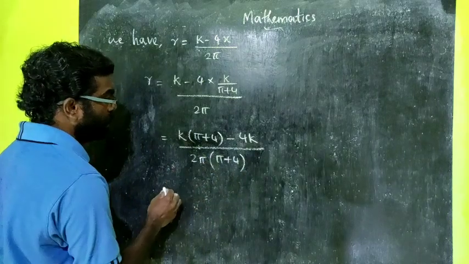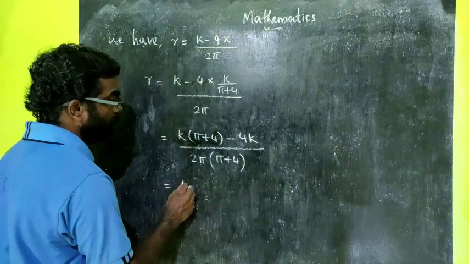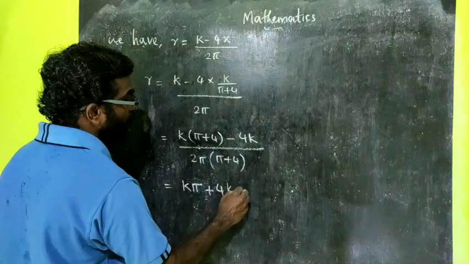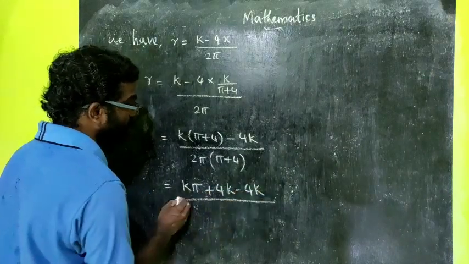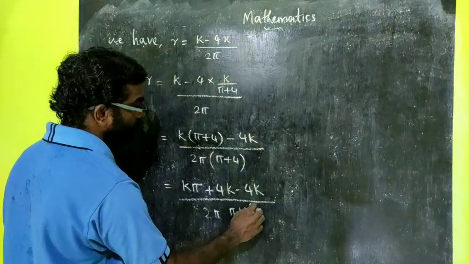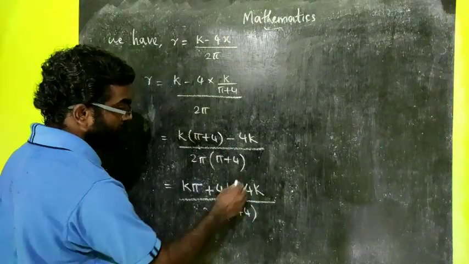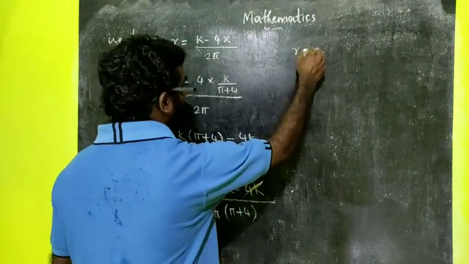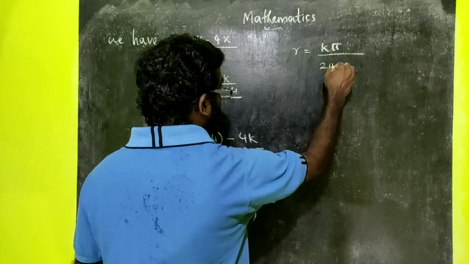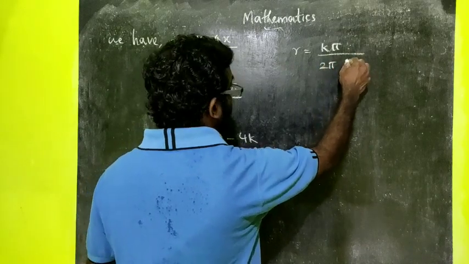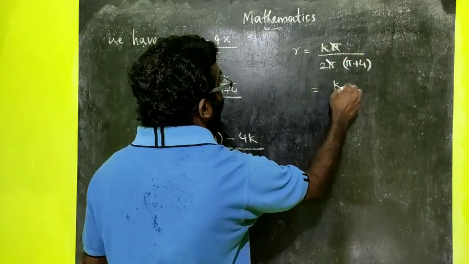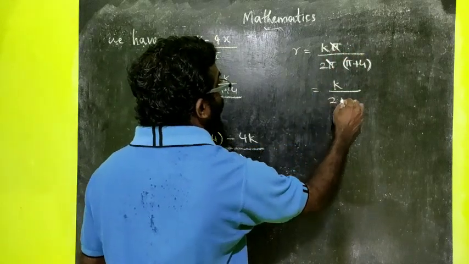Okay, we can change the bracket: kπ plus 4k minus 4k divided by 2π into (π plus 4). This 4k minus 4k cancels, so r is equal to kπ divided by 2π into (π plus 4). This π and π we can cancel. So r is k by 2 into (π plus 4).